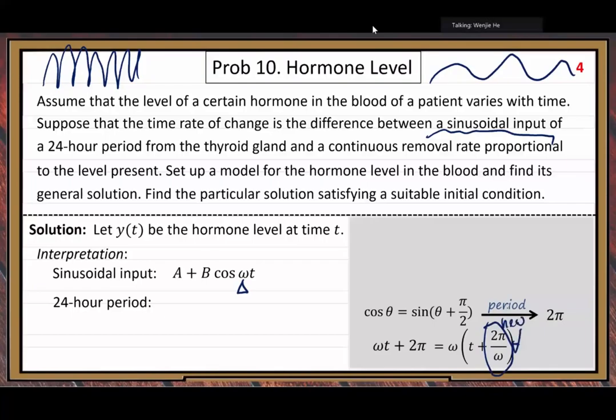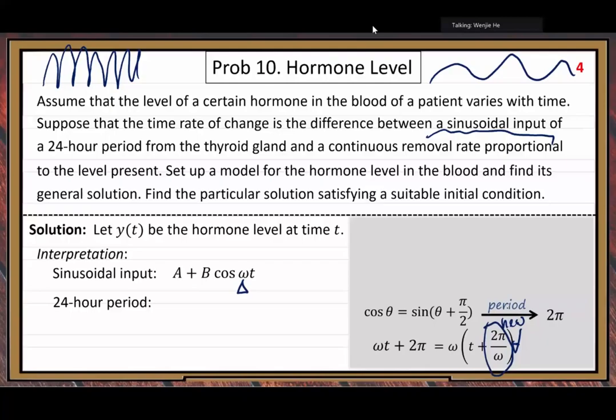What's the definition of period? You add a constant on your variable t, and your function value does not change. That's the definition of period. So we add this constant on this variable t directly, then multiply omega outside, then we apply cosine or sine function, the function value does not change.